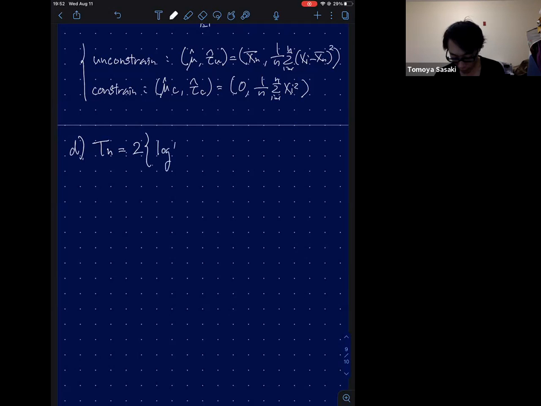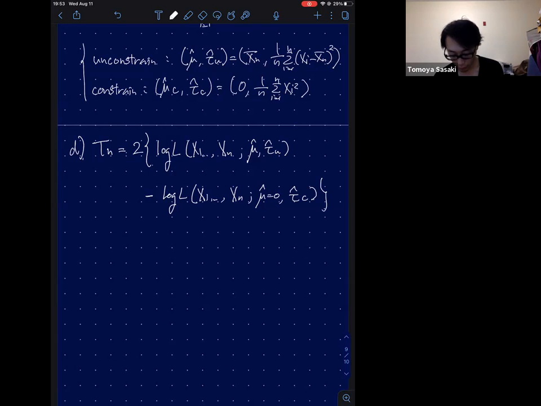It's going to be the log of the likelihood with mu hat and tau hat unconstrained, minus the constrained version, x1 to xn, mu equals 0, and tau constrained. And close the parentheses. And this is going to converge to something. Do you have any idea what the degrees of freedom for this question are?